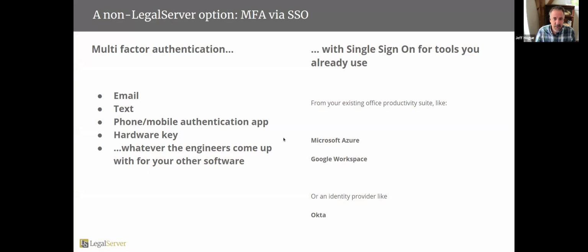So these different methodologies can give you multi-factor authentication in email or text. SMS is still a thing that people do. We don't, but some platforms provide that. There's that app I was talking about, like Google Authenticator.